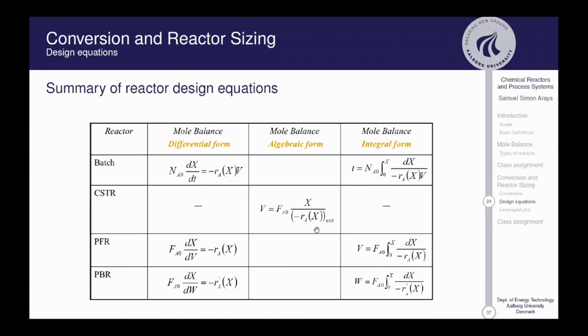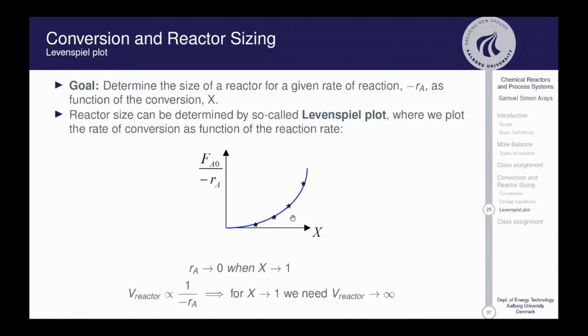Yeah, that's quite straightforward. Once we have these, and provided that we have plotted our points and have a table of these parameters, then we can use something called a Levenspiel plot to design our reactor.